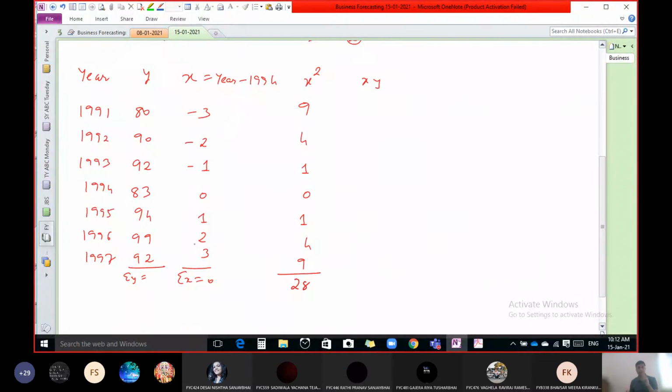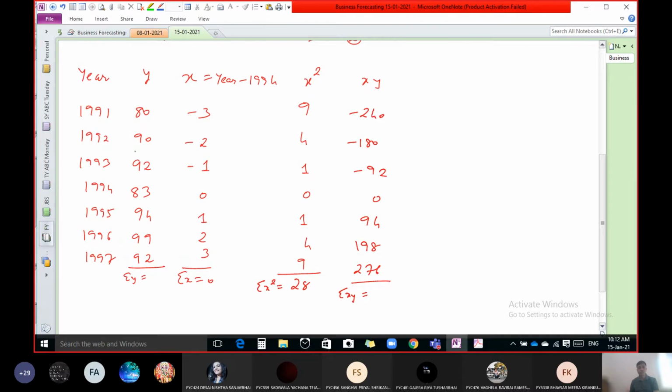Now x into y: minus 240, minus 180, 92 into minus 1 is minus 92, then 0, then 94, then 198, and 92 into 3 is 276. Add these numbers. So here we get sigma x square, and if we add this, we get sigma xy.